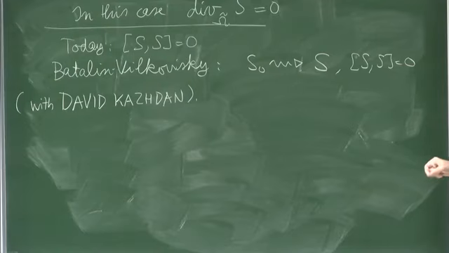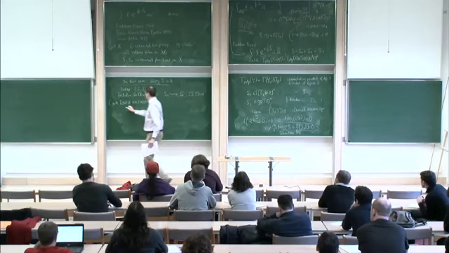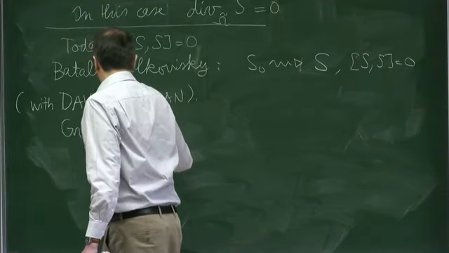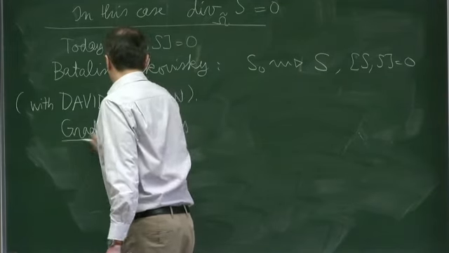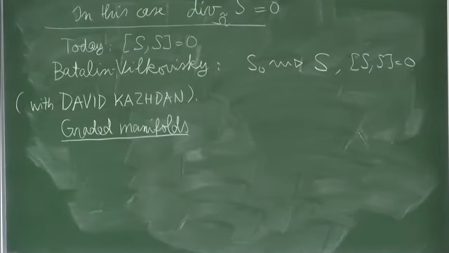Right. So first of all, I will try to explain what this is, and for that I will need to introduce the notion of graded manifolds in the version we need for this construction. The construction I described can be done with Z modulo 2 grading, but it's better to have a Z grading in the general case.